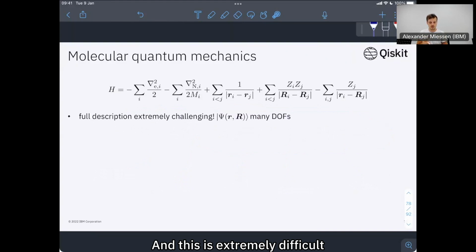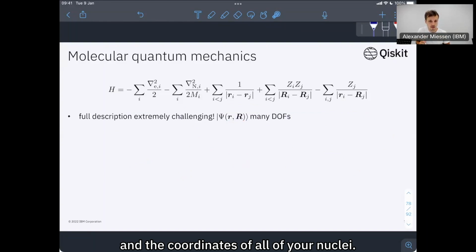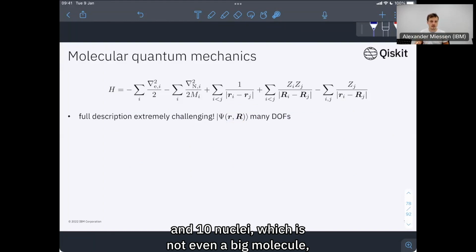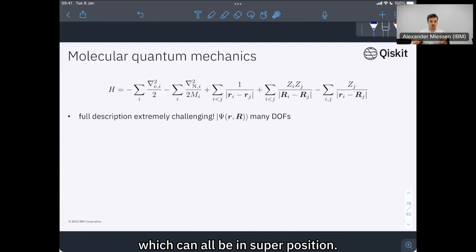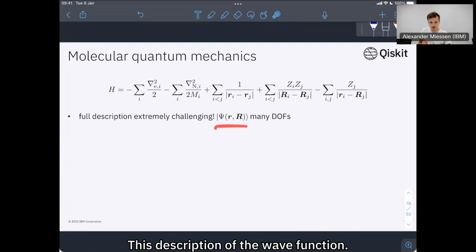And this is extremely difficult because your wave function will generally depend on both coordinates, right? On the coordinates of all of your electrons and the coordinates of all of your nuclei. So you can already imagine if you have like 50 electrons and 10 nuclei, which is not even a big molecule, you already have 60 different degrees of freedom, which can all be in superposition. And so this exponentially blows up already with very few atoms in your molecule, okay? This description of the wave function.